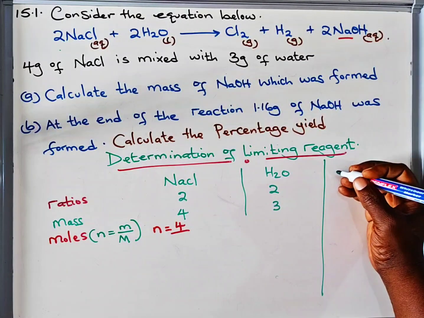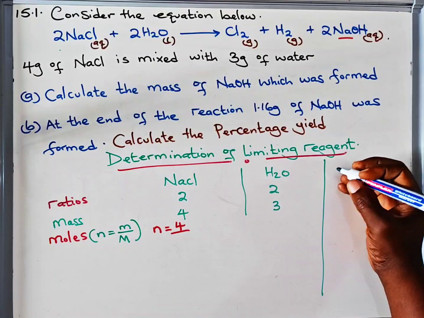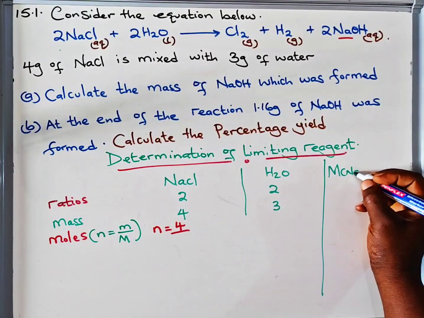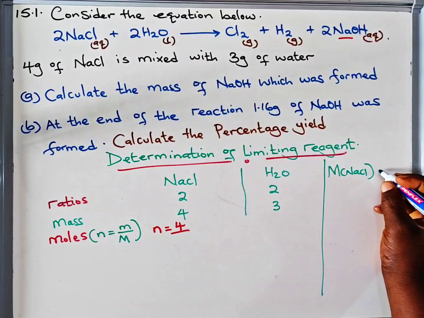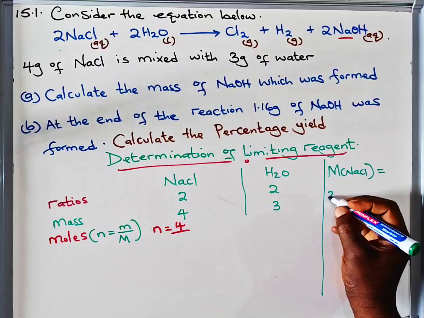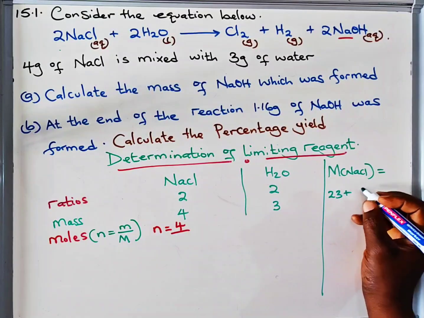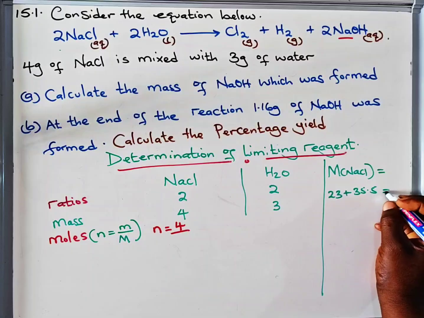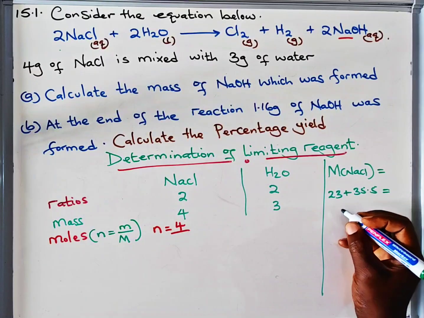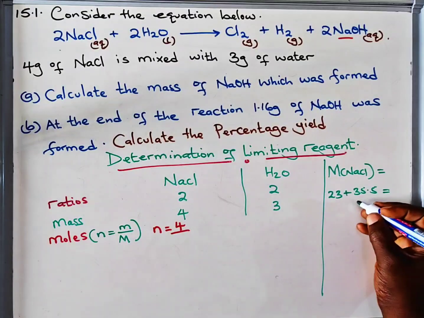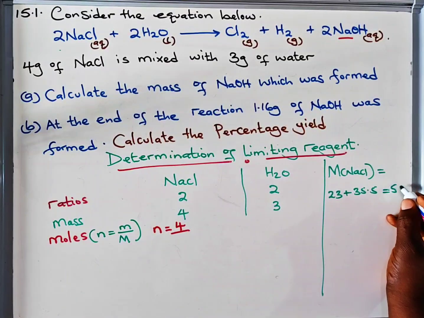So let us determine the molar mass of each. For sodium chloride, the molar mass is going to be sodium, which is 23, plus chlorine, which is 35.5, giving us 58.5.